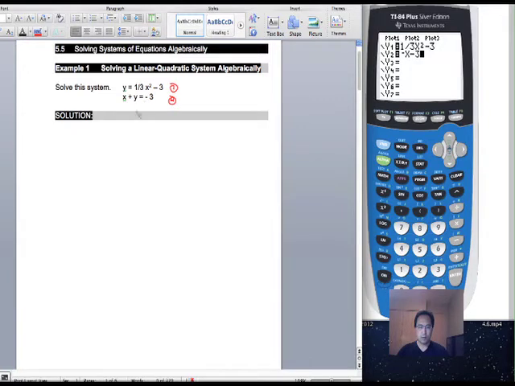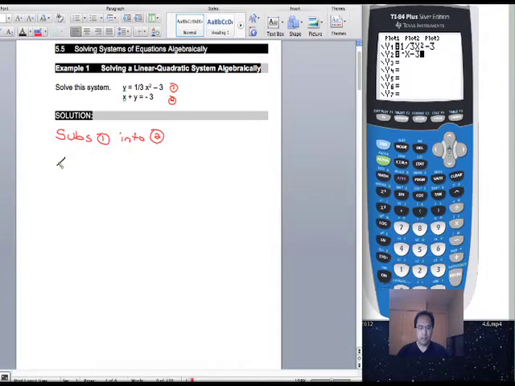All right, so what we're going to do is substitute 1 into 2, because you notice that 1 is already solved for y, so y and 1/3 x squared minus 3 are the same thing. So this y here, we're just going to substitute in 1/3 x squared minus 3.